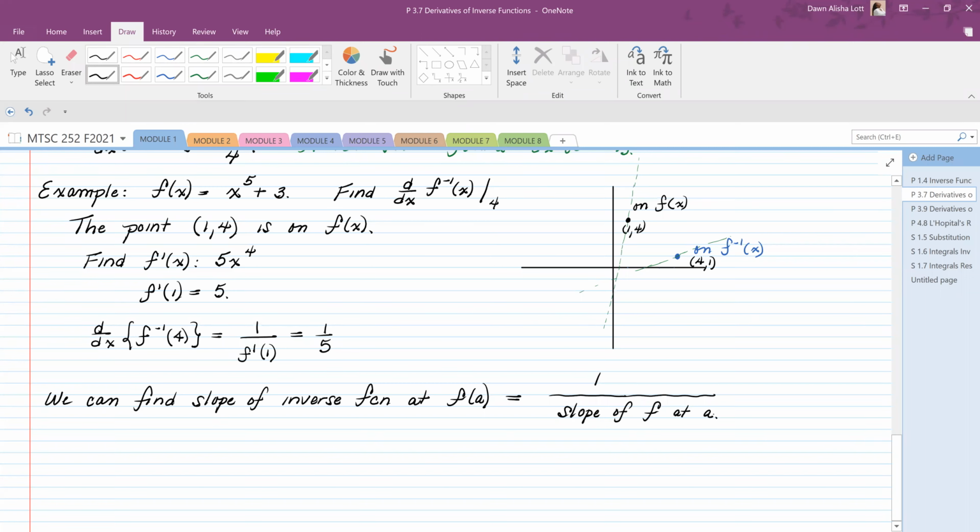So my function was x to the 5th plus 3, a very steep function I found. And so what I did was I looked at the point (1, 4) on the curve. So I said I can find the derivative at 1. If I take the reciprocal of that, that becomes the derivative of the inverse function at 4. Okay.